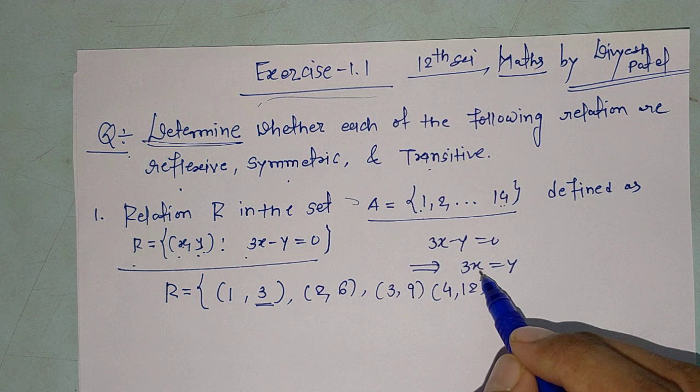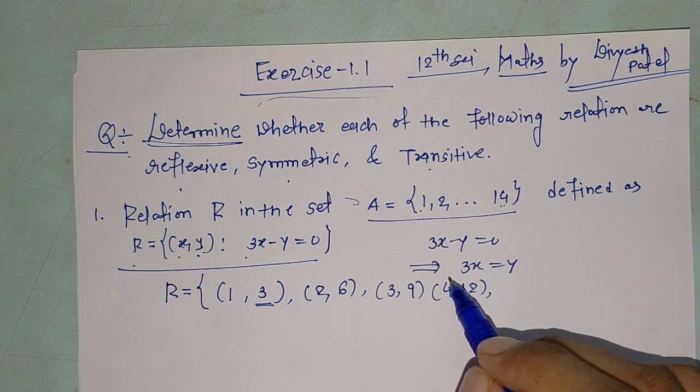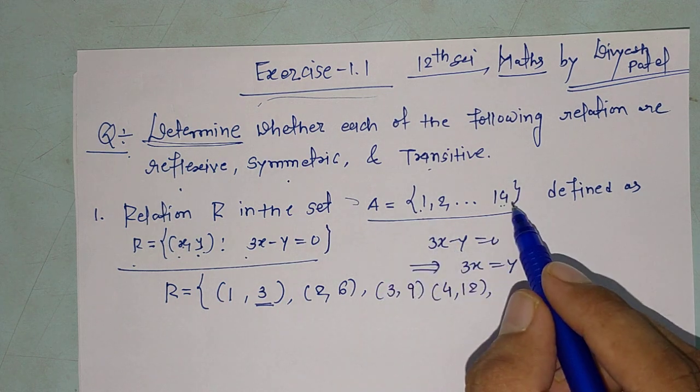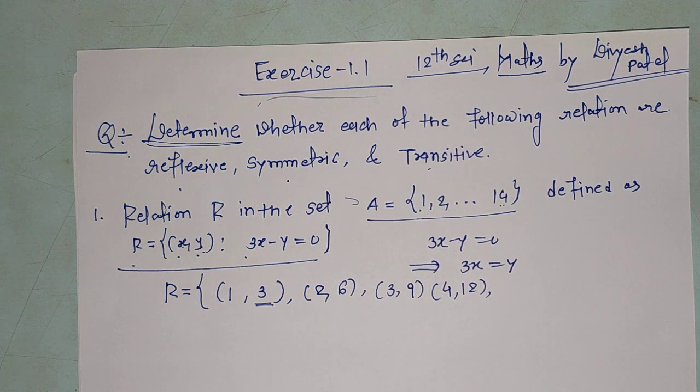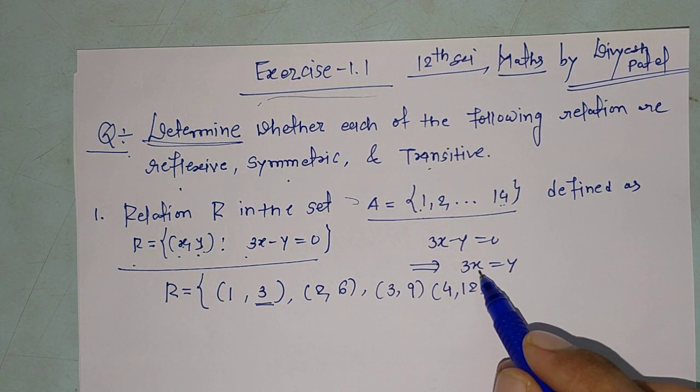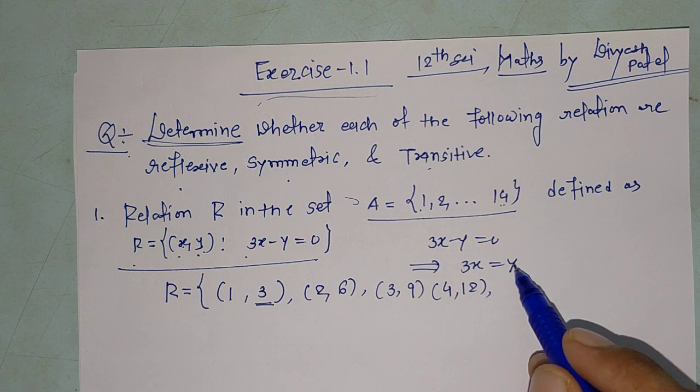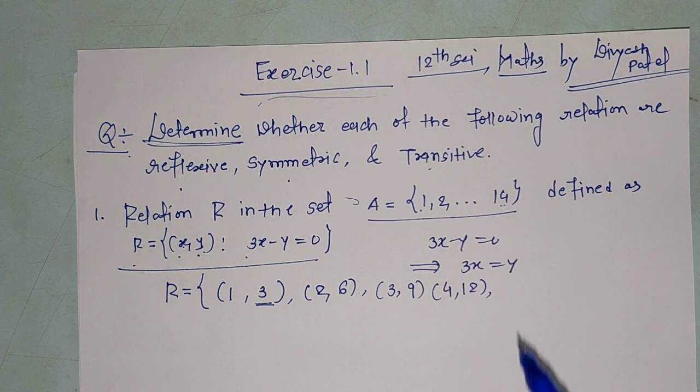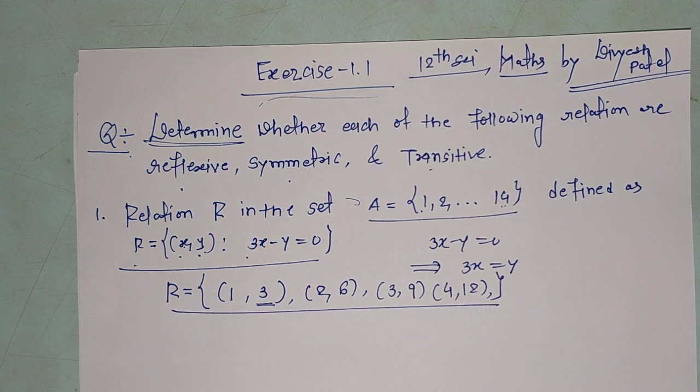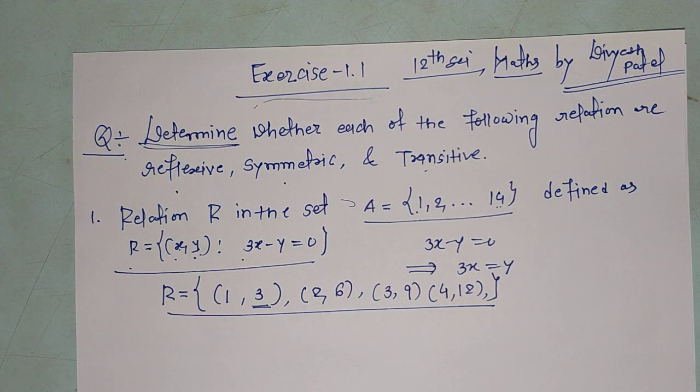If I take x equals 5, y equals 15, but 15 is not in the set. Be careful with that. So this is the relation we have been given. We have converted this into roster form.